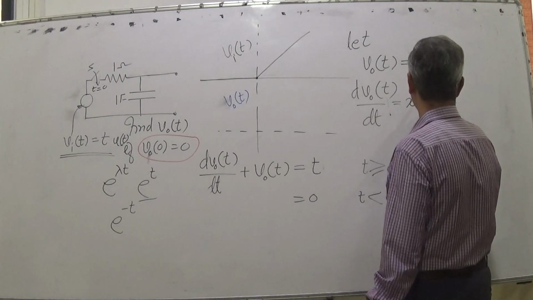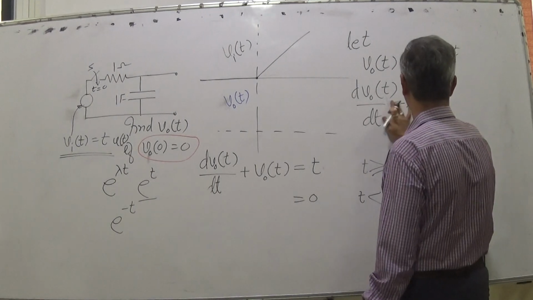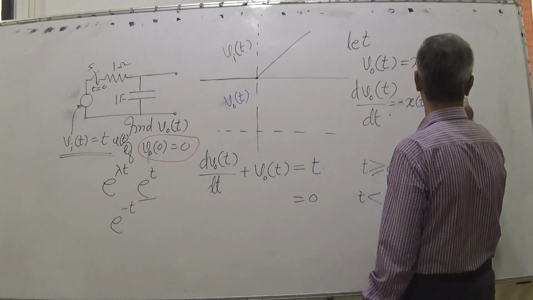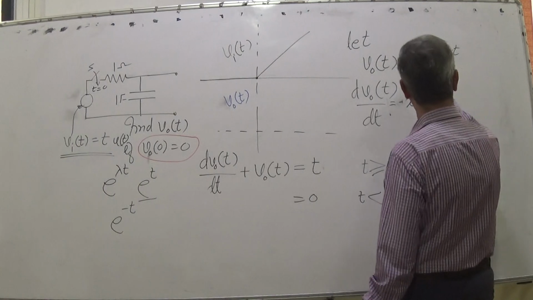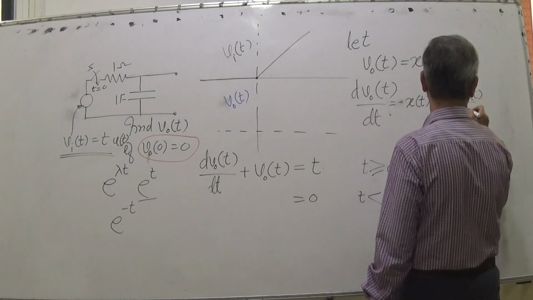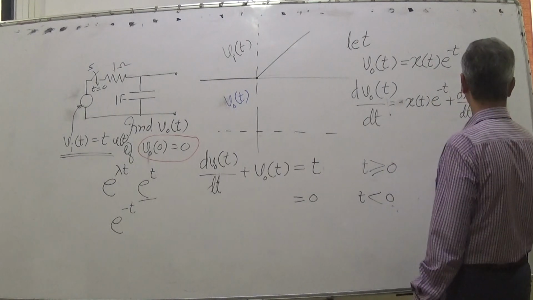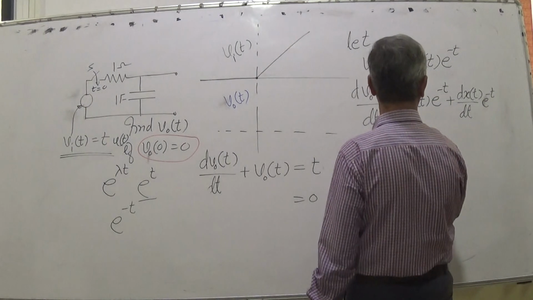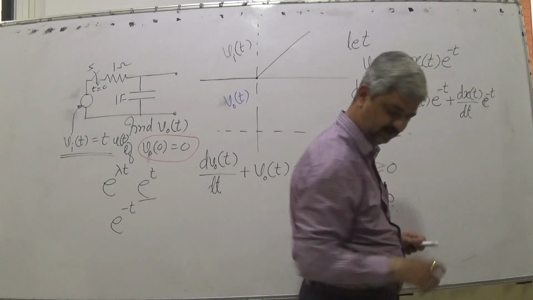It is xt e raised to minus t, that is, minus will come here, plus e raised to minus t as it is and dxt by dt.